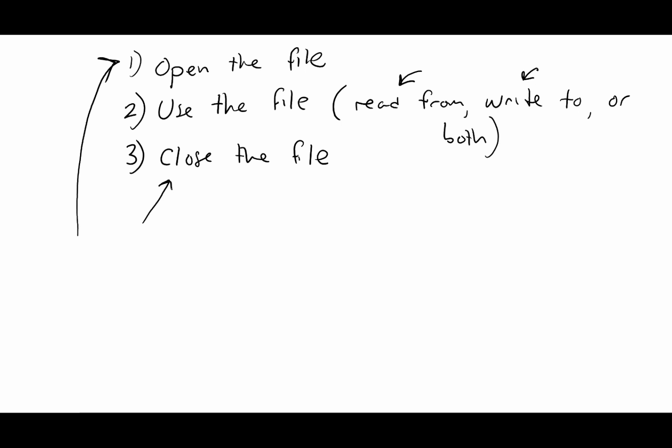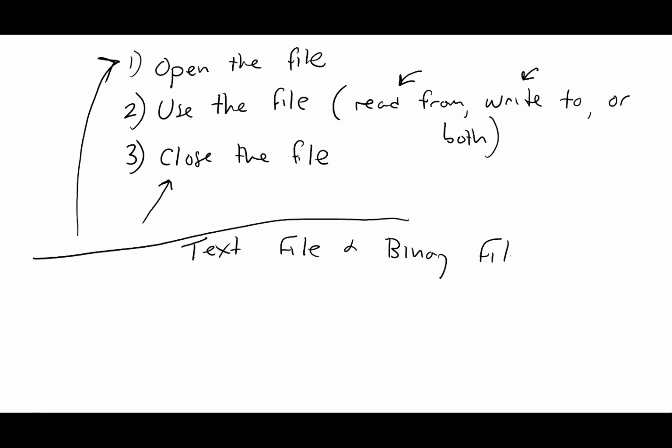There are a few different kinds of files: a text file and a binary file. A text file is a file that's encoded in text, basically in ASCII or some other encoding system. Text files can be opened in a text editor, so you can open up a text file and view it.